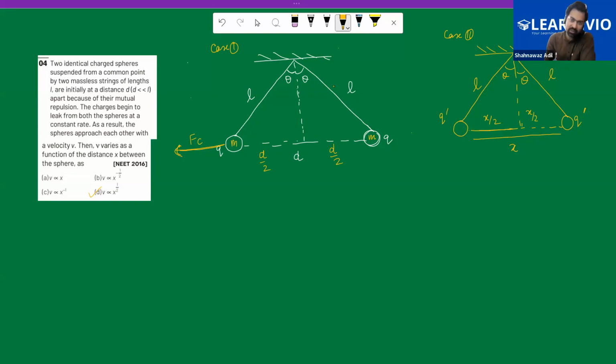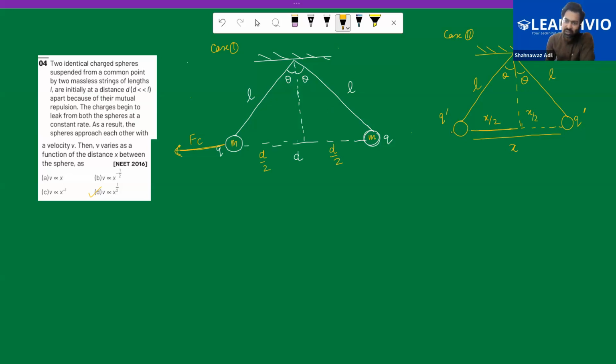So I was talking about the forces, right? How many forces are acting on this thing? So this is the scenario.